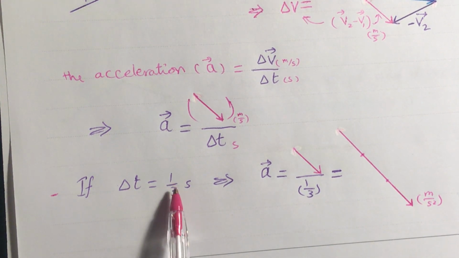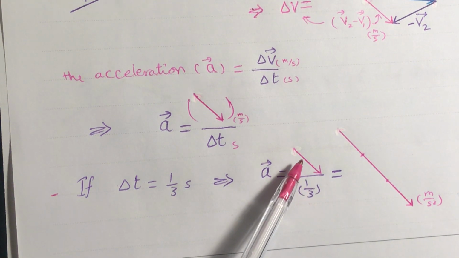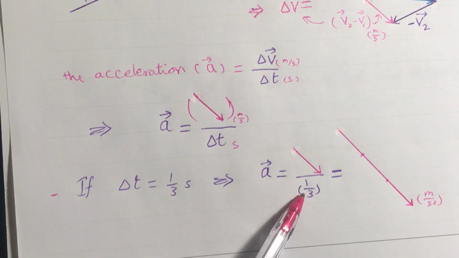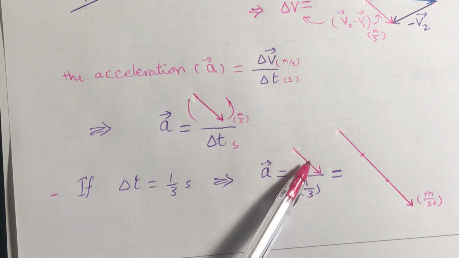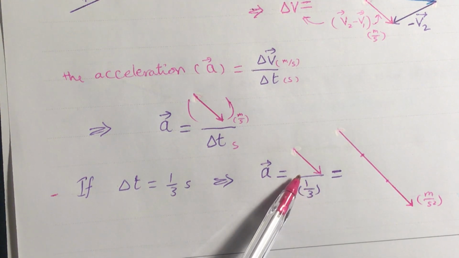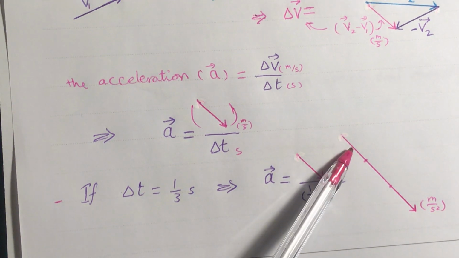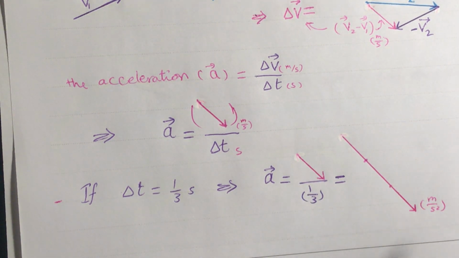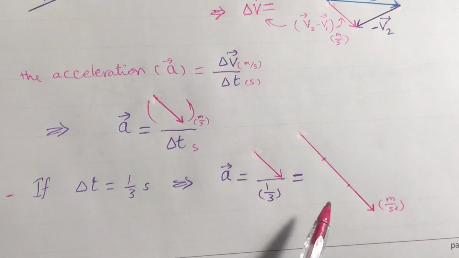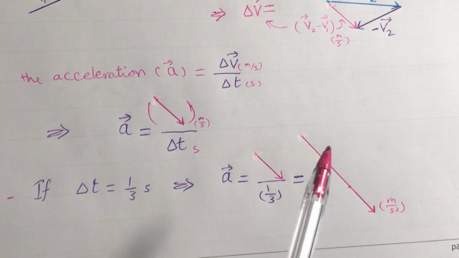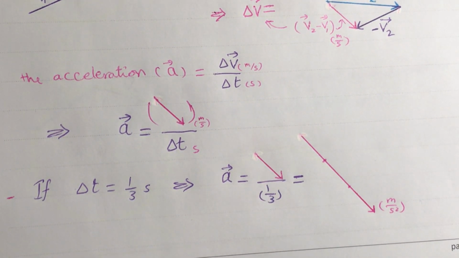Assume that delta t is a third of a second, 1 over 3 seconds. Then we have delta v over delta t. If we divide over a third, then it will be multiplied by 3. Then the acceleration is 3 times the length of the initial change in velocity.